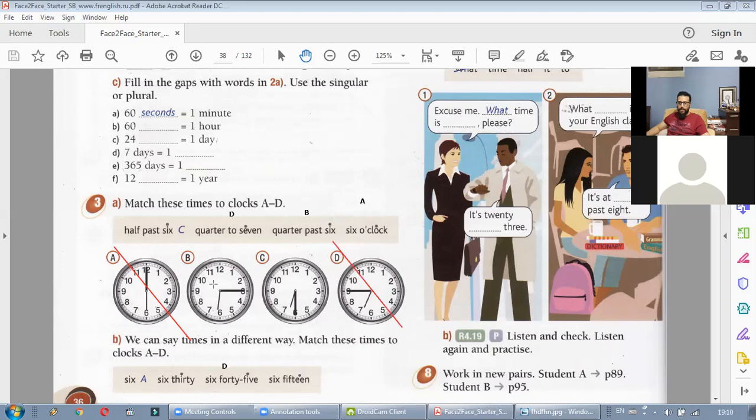So which one is 6:15 and which one is 6:30 in your opinion? When we say 15 or when we say 30, what do we mean? Do we mean hours or do we mean minutes? Okay, good. So if we are talking about minutes, when we say 6:15, what do we mean?